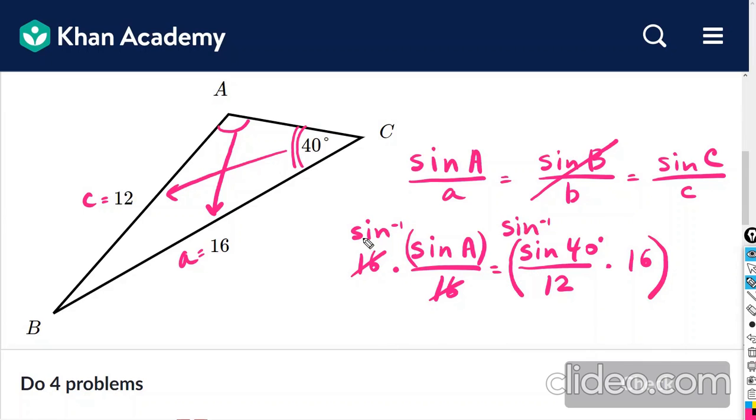Okay, inverse sine and sine cancel. Now on the right-hand side, the sine and sine don't necessarily cancel because you have other numbers within that function. Okay, so you have to do this whole thing in parentheses and then take the inverse sine.